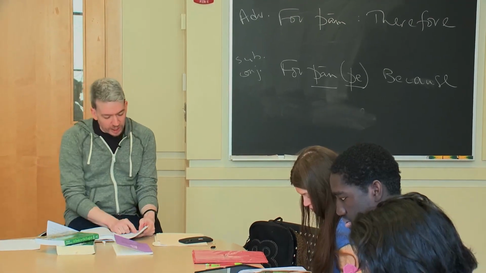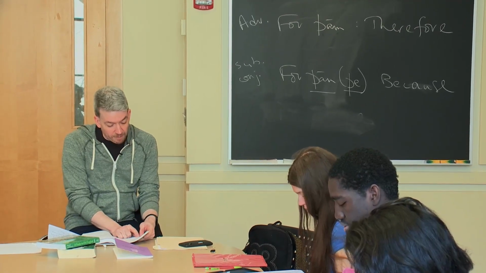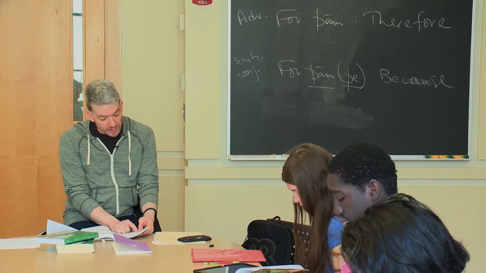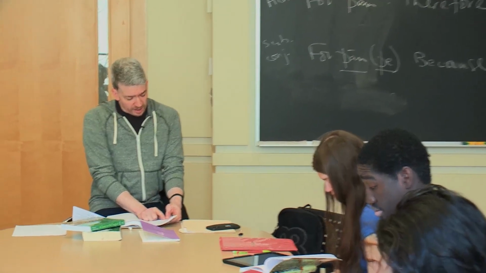So for example, if you take a look at after on table 10.1, there it's an adverb, which we would probably say as afterwards in modern English. So even in modern English, we do sometimes make a distinction between the adverbial form of a word and the conjunctive form of a word.